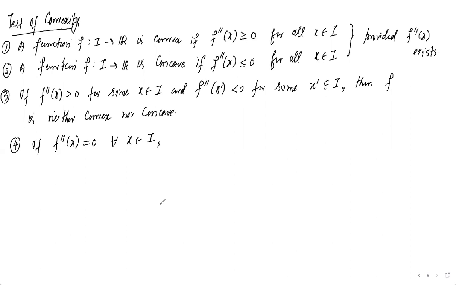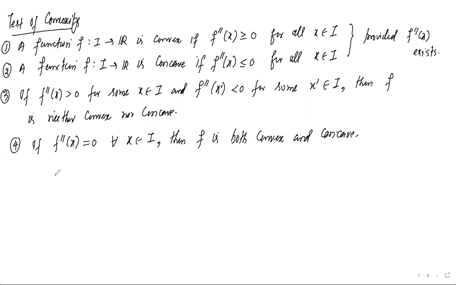It is also less or equal to 0. So therefore, when f double dash of x is equal to 0 for all x belonging to I, then f is both convex and concave. So this is the test of deciding whether a function is convex or concave.